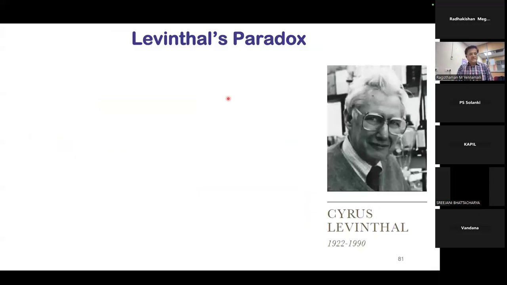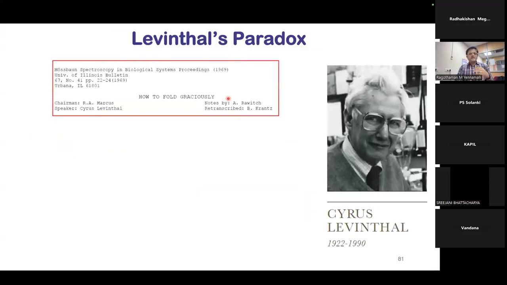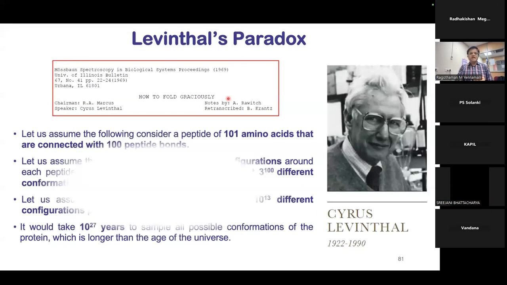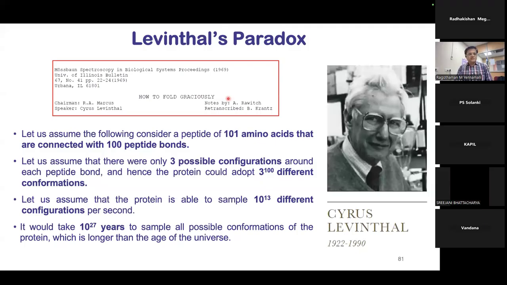So Cyrus Levinthal was studying this biological mechanism, and he made a small theoretical calculation. Let us say you have a protein of 100 amino acids connected with 99 or 100 bonds. Remember the phi-psi angles in the Ramachandran plot, each can take only certain conformations.